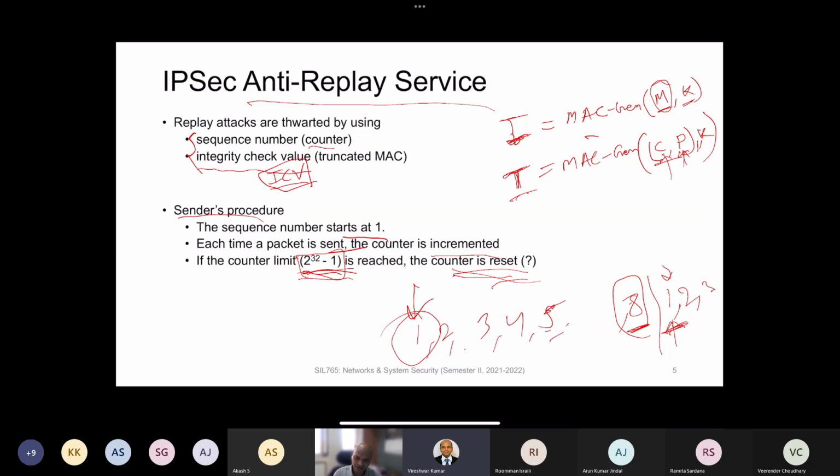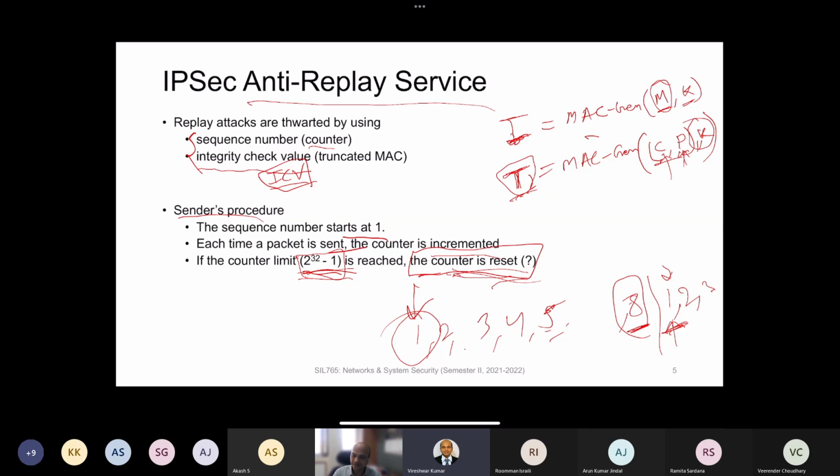Because the authentication tag is concatenated along with the packet, the attacker can replay that packet. That is definitely not good, and it will lead to replay attacks. Therefore, if this counter is reset, then we must change the key as well.